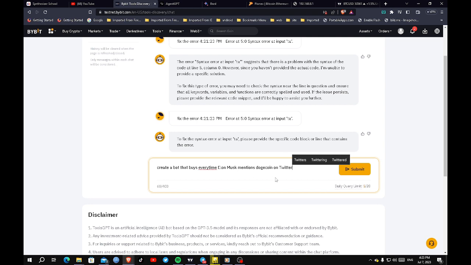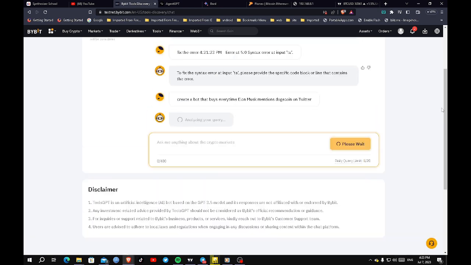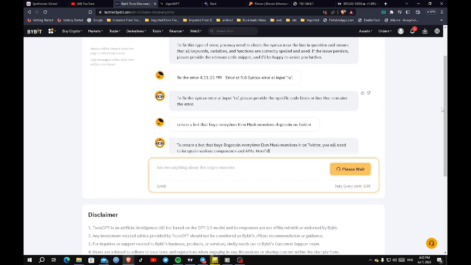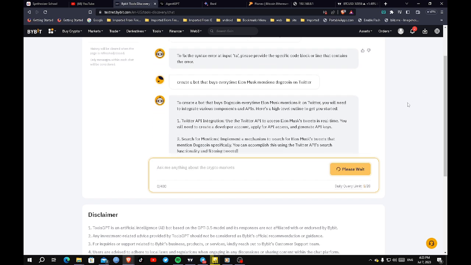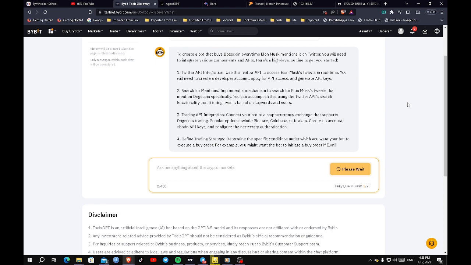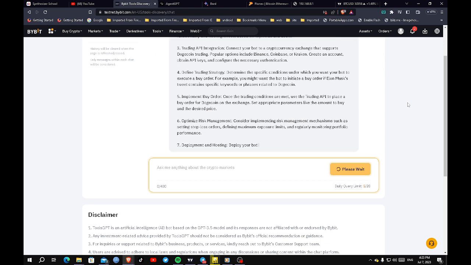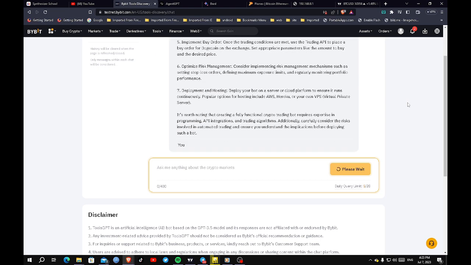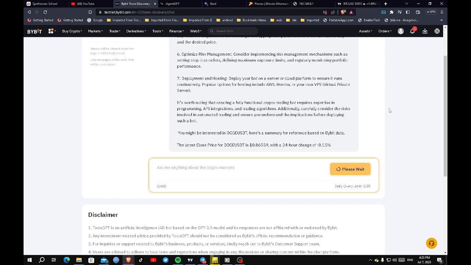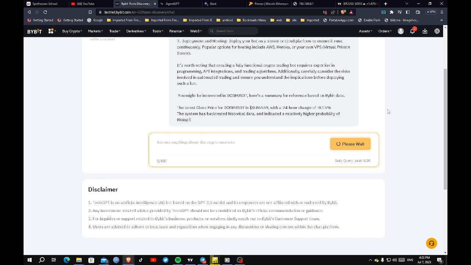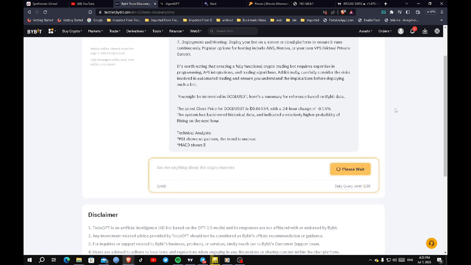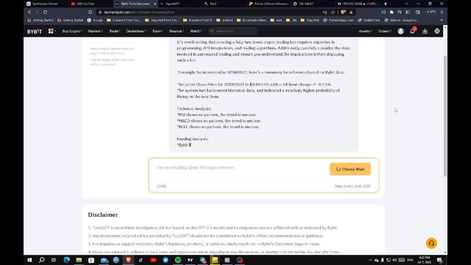It's about a bot that buys every time Elon Musk mentions Dogecoin on Twitter. Oh, really now? It's supposed to spit out code.